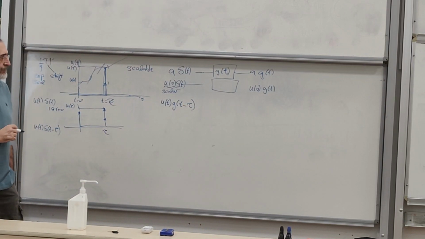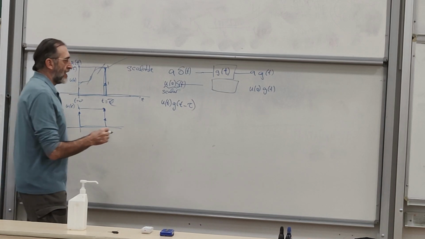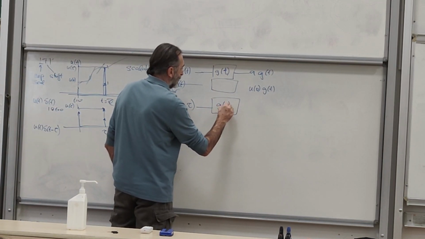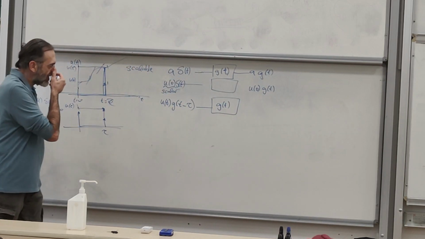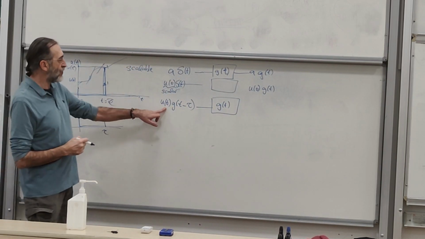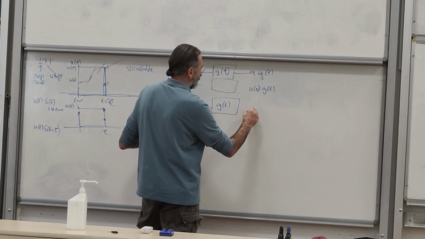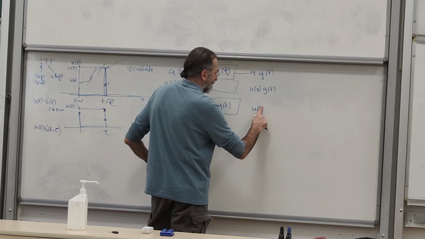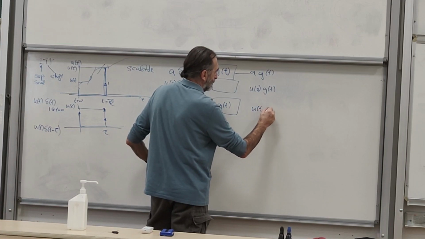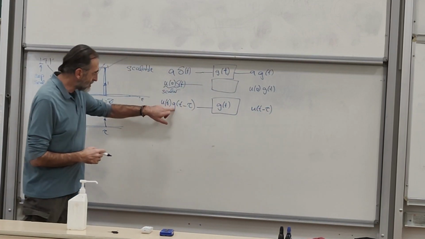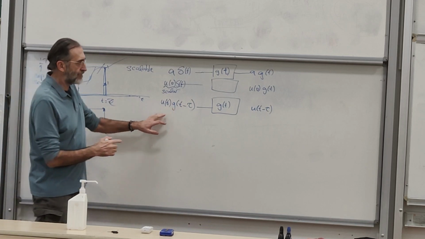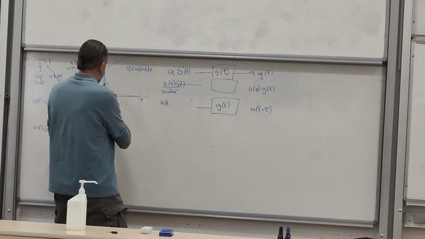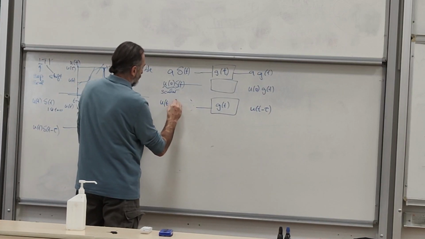That is going to go into the system. Now this is going to turn into U of tau, so U of tau times G of T minus tau. Sorry, I have to shift the input.